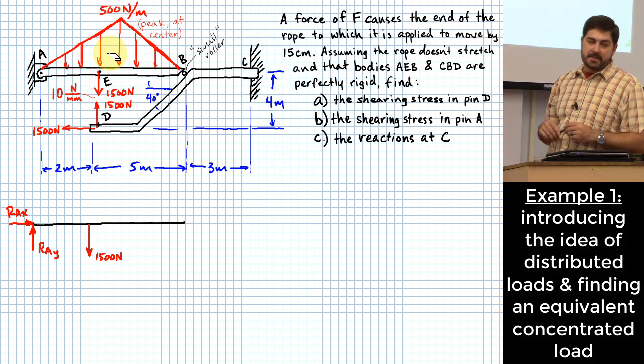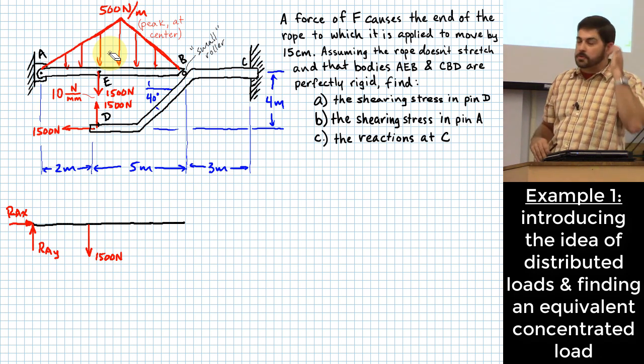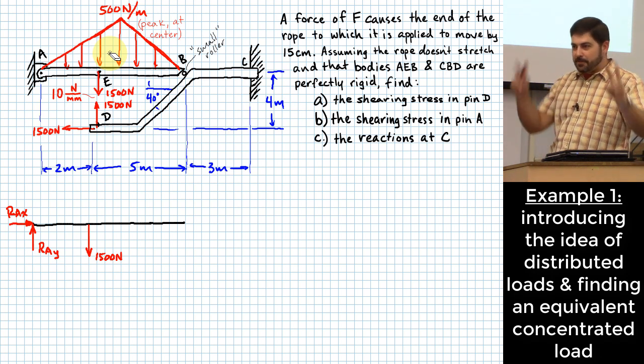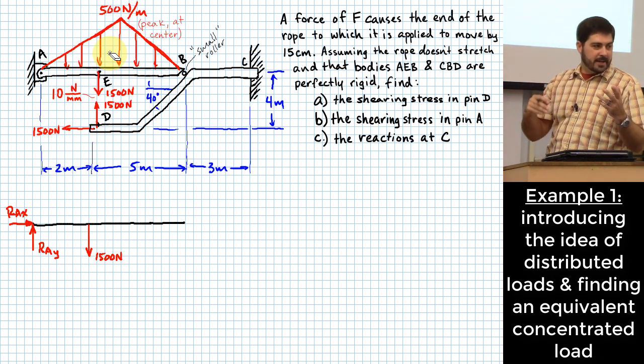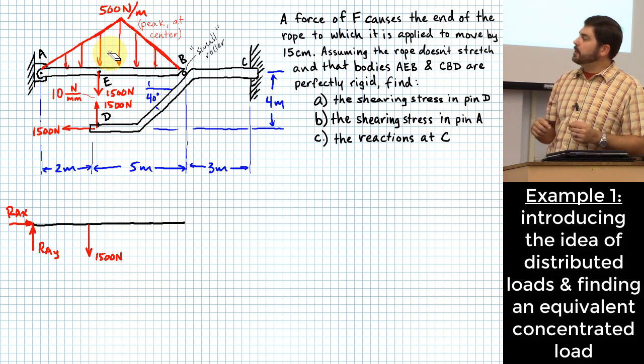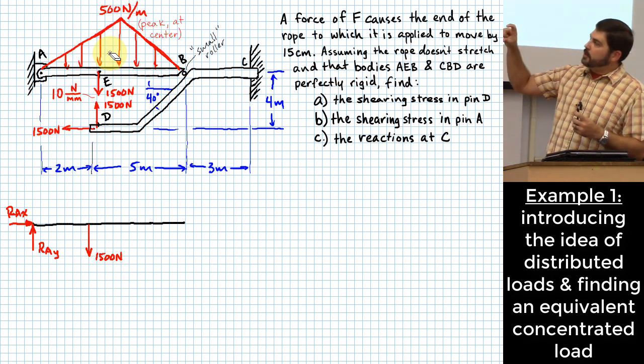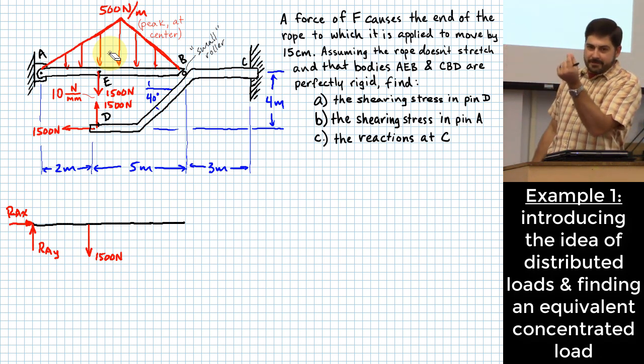How much acts? What's the total amount of force, would you think? You can take the area of the triangle, the graph triangle, right? That makes sense because what you're really doing is taking almost an integral over this length of the value times dx.